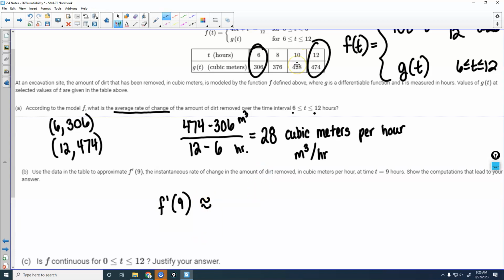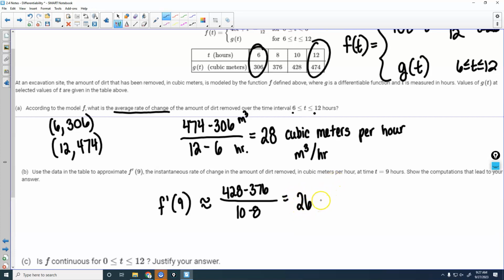We're going to find the slope again. We're going to use the points closest to 9 this time because we're trying to get as close to the rate of change at 9 as we can. So we would have 428 minus 376 over 10 minus 8. So 428 minus 376 divided by 2 is going to give us 26.